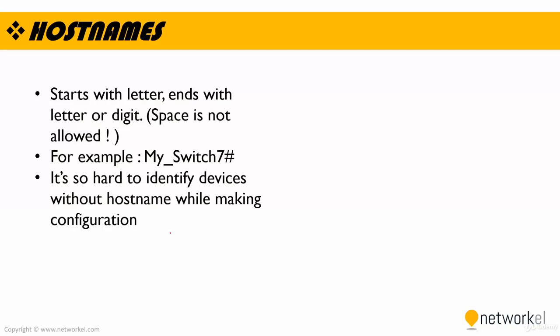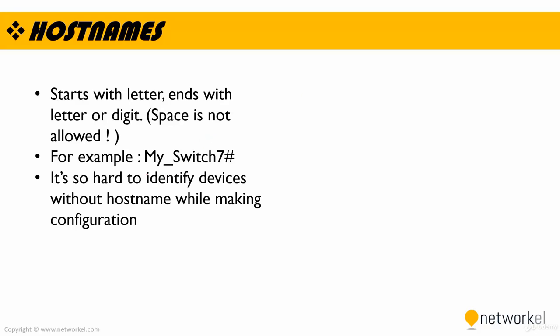And let's take a look at the Cisco IOS configuration basics. The first thing we are going to check is host names. Host names are the identities of the devices in the network, and we really need to configure this, because it's so hard to identify devices without a host name while making configuration in a network. Host names start with a letter and end with a letter or digit, and spaces are not allowed.